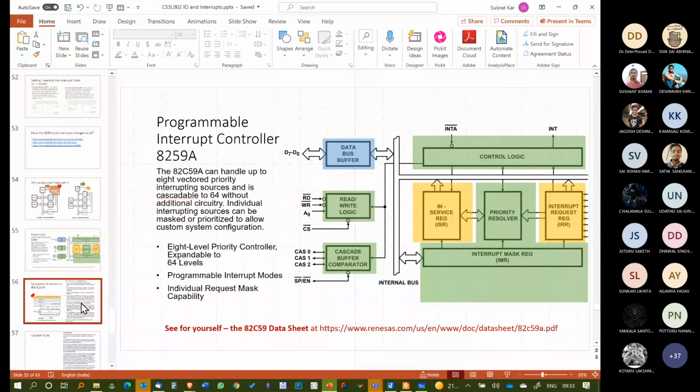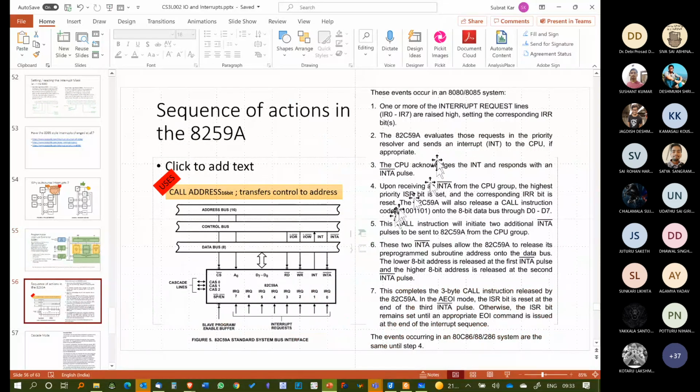Now, what will happen is that if you have only a first level contractor, that is, you have interrupt requests coming directly, then one or more of the IR request lines will go high. The 8259 will evaluate those requests and send an interrupt to the CPU. The CPU will acknowledge the interrupt and respond with the interrupt acknowledge low.